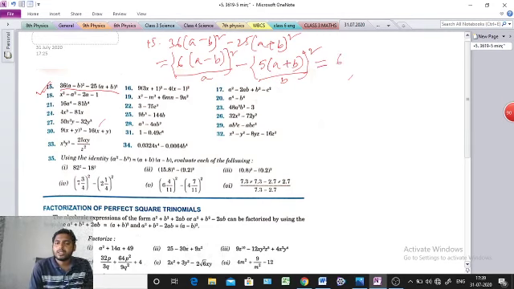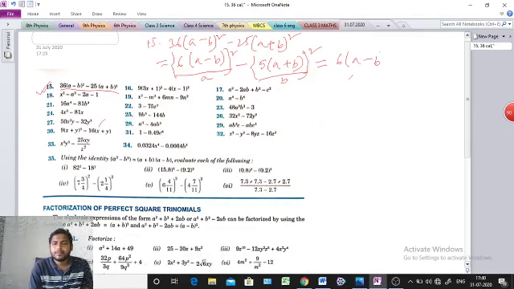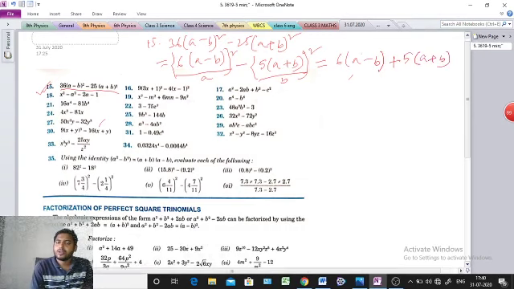So a means here 6 into (a minus b), plus this is b, 5 into (a plus b). Is the position clear or not? So this is (a plus b) into (a minus b). Similarly, 6 into (a minus b) minus 5 into (a plus b).